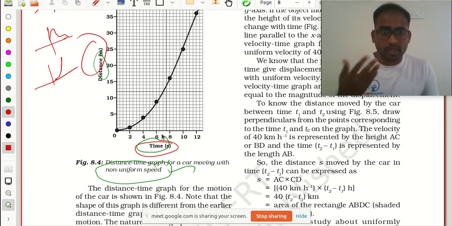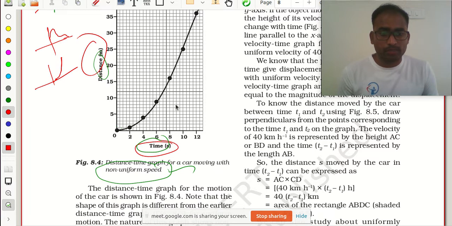But when you consider the direction also, then speed and velocity are different. Why? Because in speed we talk about distance covered, and in velocity we talk about displacement. So displacement by time is velocity, and distance by time is speed.